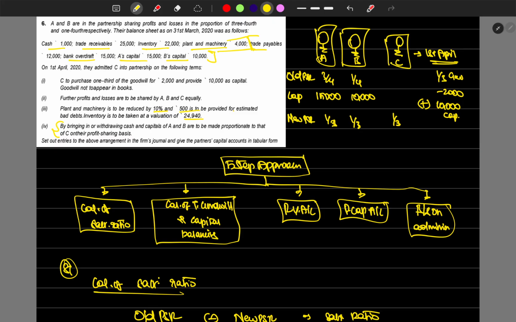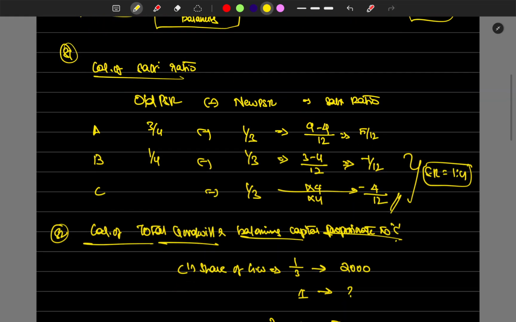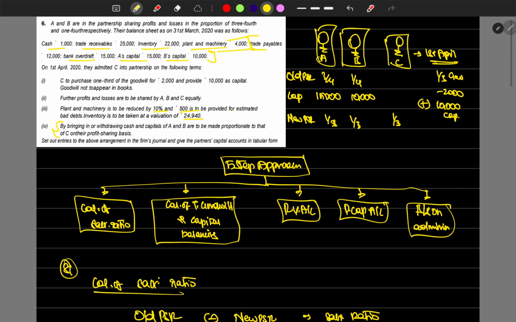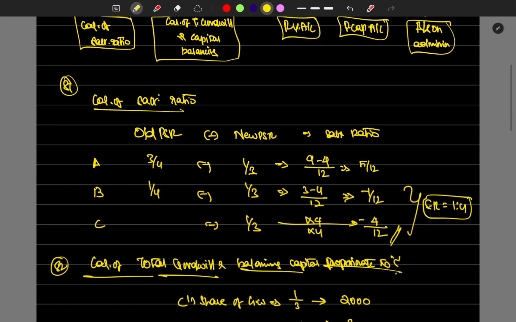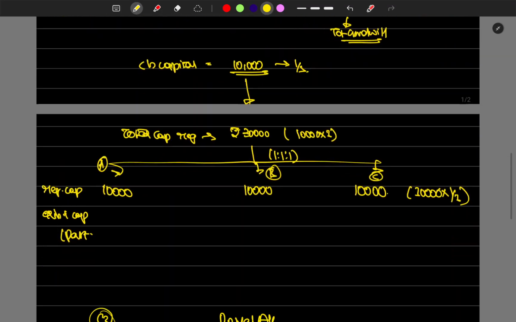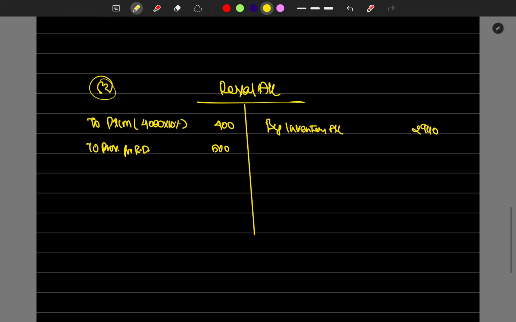Then what else? Inventory is to be taken at the valuation of 24,940. What's the existing inventory balance? The existing inventory balance is 22,000. So 2,940 is the increase, credited by inventory to the revaluation account. Then anything else? That's it.